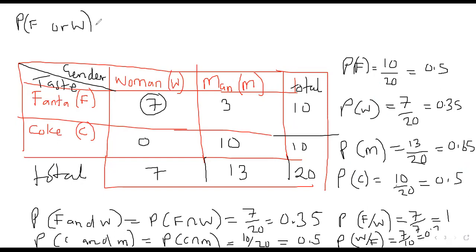Who remembers what the word "or" means? Or is addition, which is the same as what? The union, right? Can somebody expand this? Fanta union woman. How do you expand this?